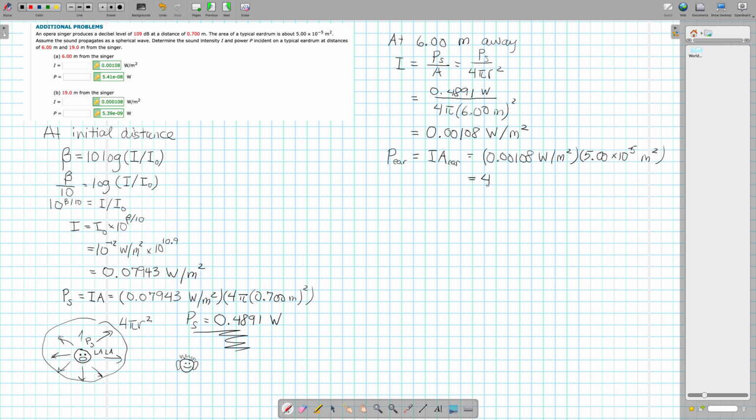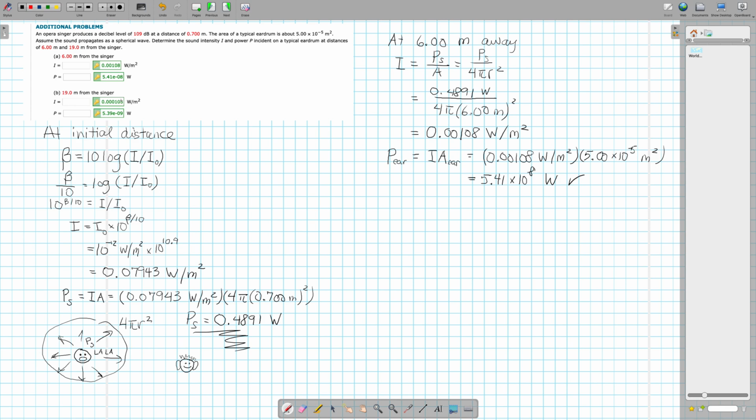And that equals 5.41 times 10 to the minus 8 watts, like we were told here.